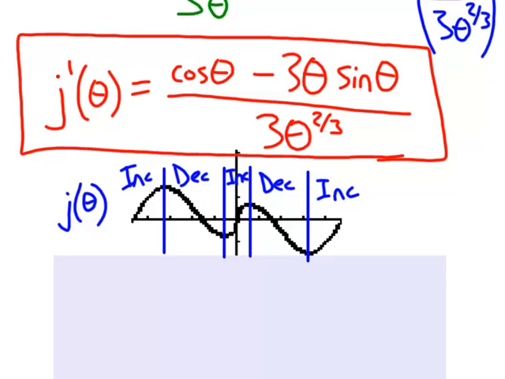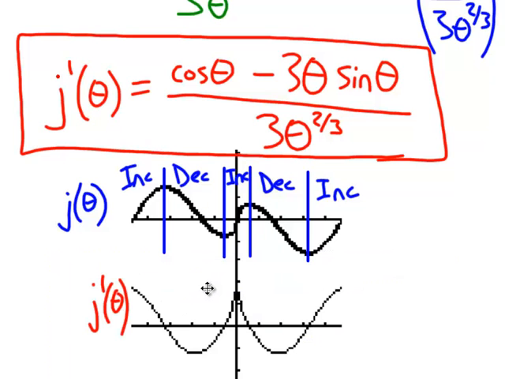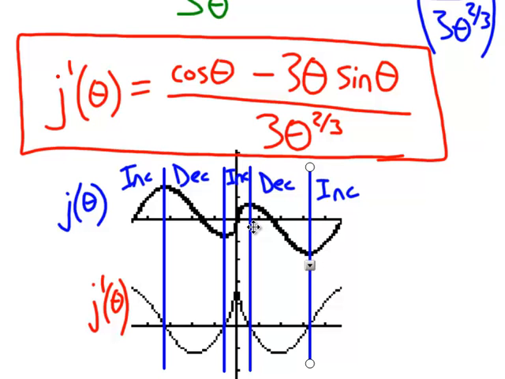Well, let's take a look at the derivative graph. And notice that if I were to extend these lines here, that's exactly what happens. So notice that on the derivative graph, I'm looking at whether the graph is above or below the x-axis. Again, we said that during an increasing portion of the graph the slope would be positive, the derivative would be positive. And notice that the derivative curve is above the x-axis here. For this other increasing section, the derivative curve is above the x-axis.